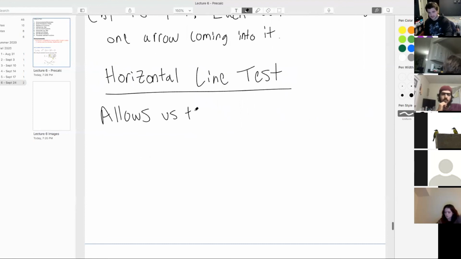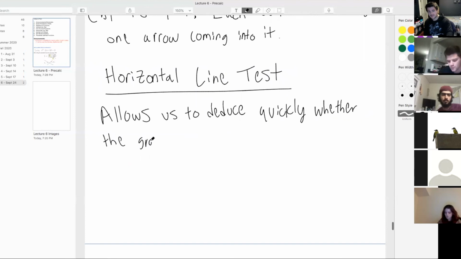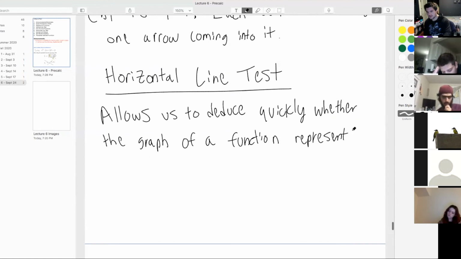It allows us to deduce quickly whether the graph of a function represents a one-to-one function.